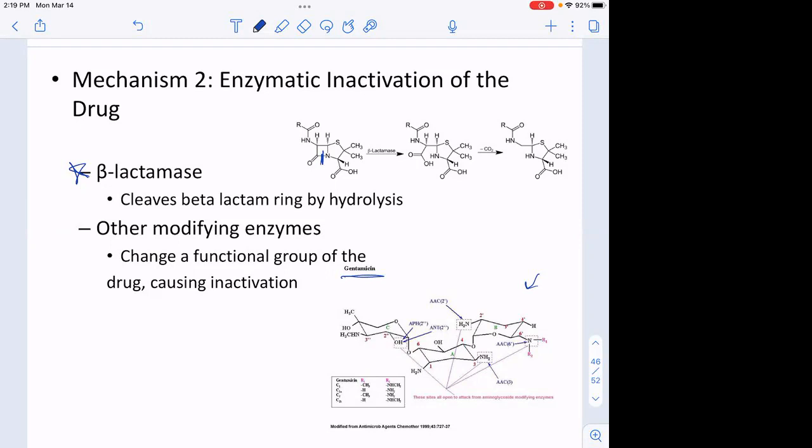In one example, they phosphorylated some of these hydroxyl groups, or they altered the amino groups, adding an adenyl group to an amino group. Just a slight modification of the structure made it so the gentamicin couldn't bind to the small subunit anymore. So again, enzymatic inactivation of the drug so that it can't bind and harm the bacteria.